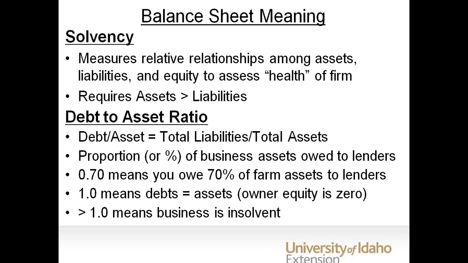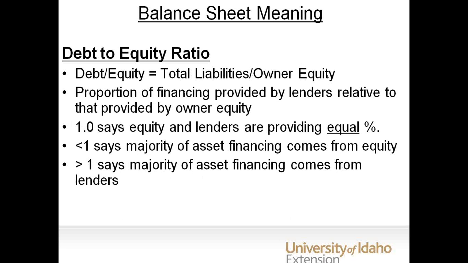One common ratio is the debt to asset ratio, which measures how much liability per dollar of assets. So if you have, say, 0.7, it means there's 70 cents of liability for $1 of total assets. In other words, 70% of the farm assets are owned by lenders. If you're over 1, it essentially means you're insolvent because your debt's higher than your total assets.